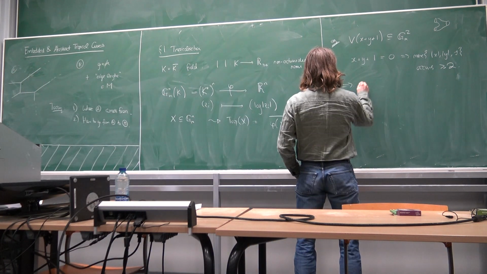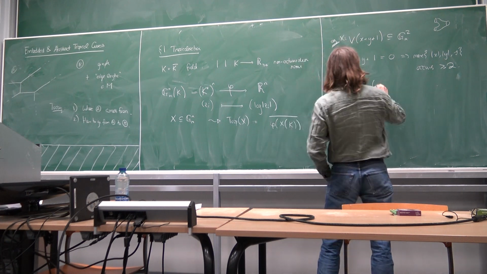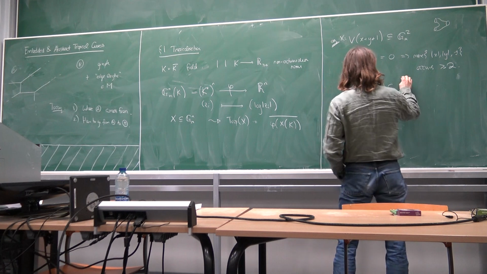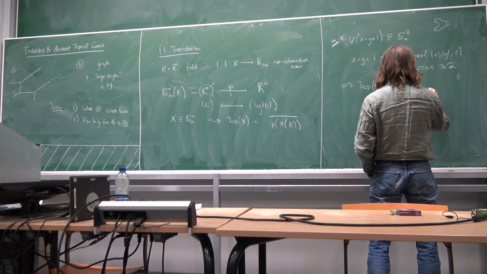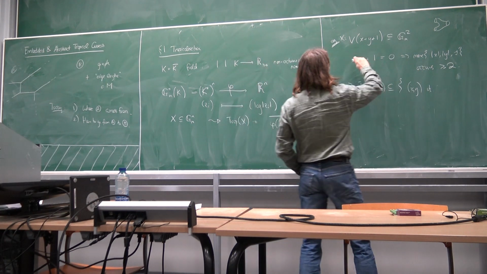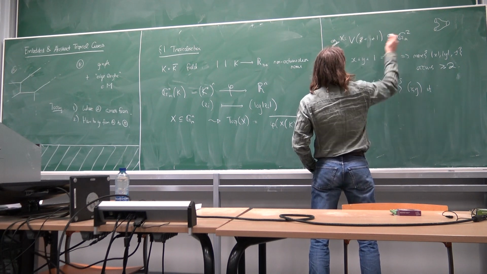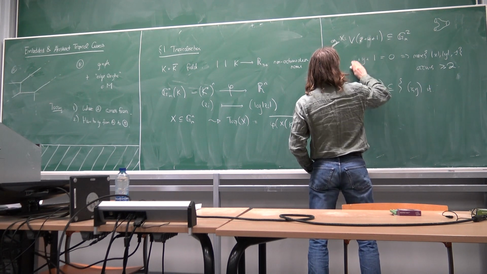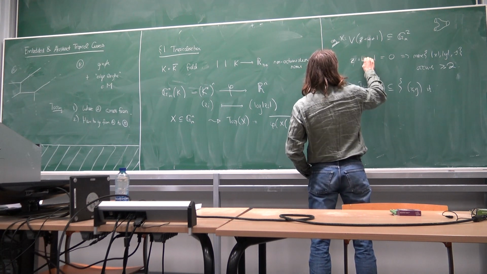So what this tells us is that if this is X, then the tropicalization has to be contained in the set of all x, y such that, sorry, this is really bad, but I want to keep x and y for coordinates on R^n. I want to use z and w for coordinates on G_m.